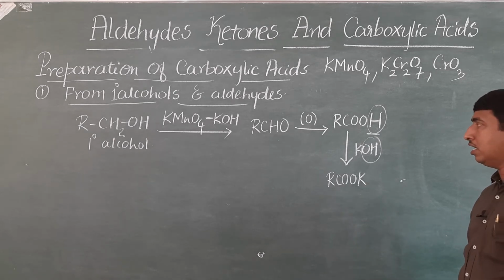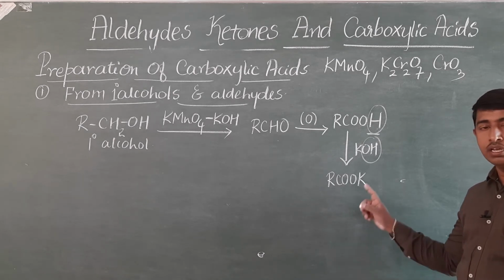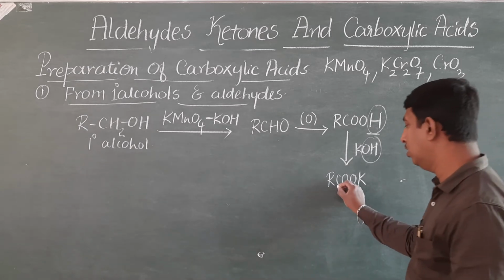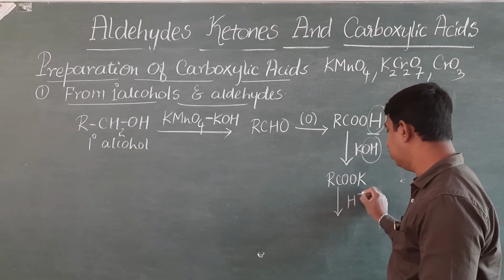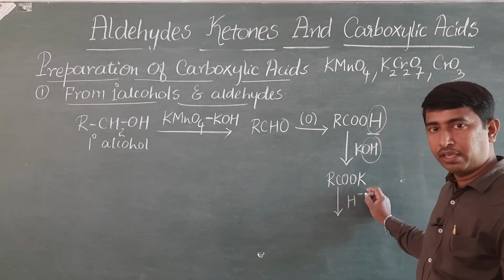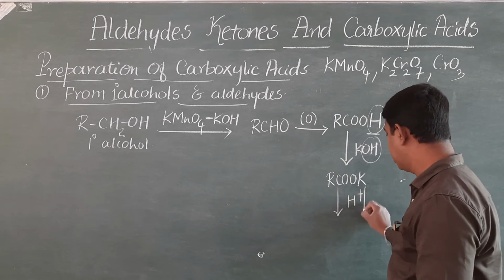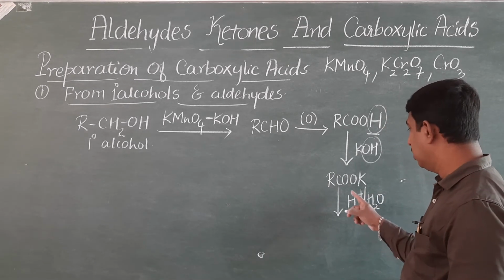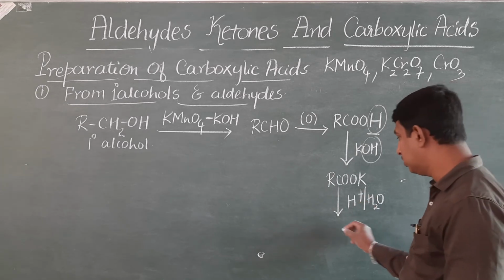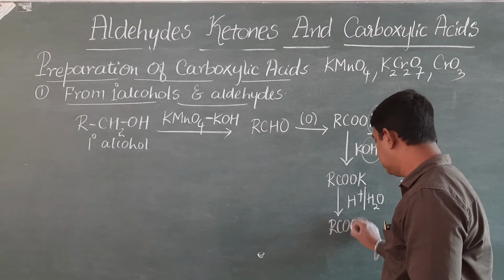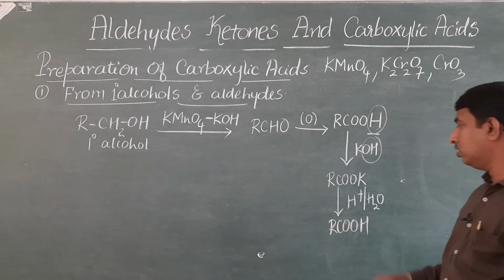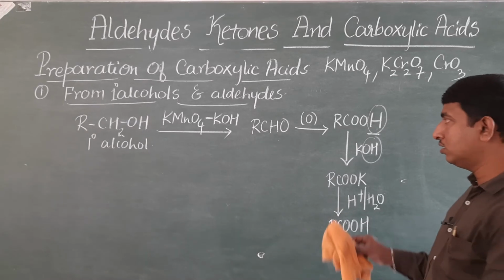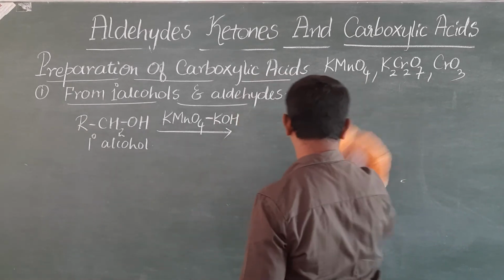So remaining thing is RCOOK. This is potassium salt of carboxylic acid, and this potassium salt is further converted to carboxylic acid by adding dilute acid. RCOOK upon hydrolysis, that is upon acidification, gives RCOOH.